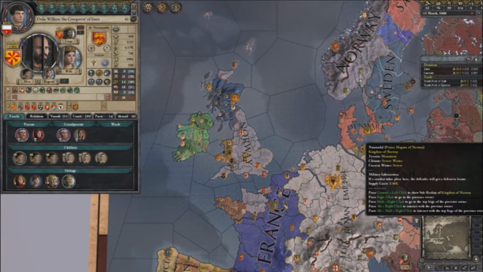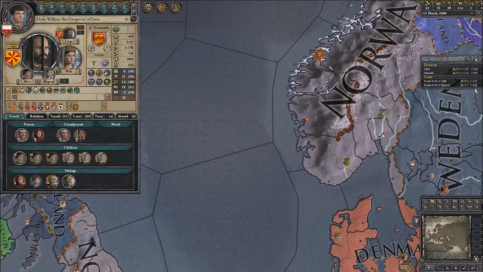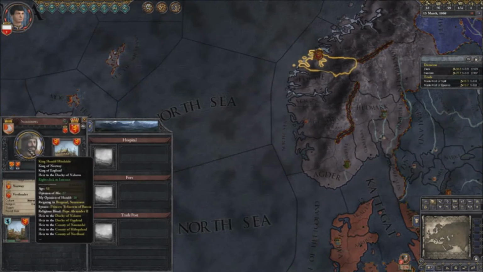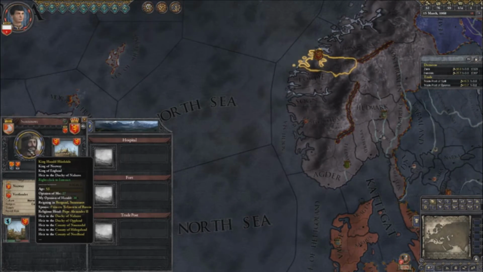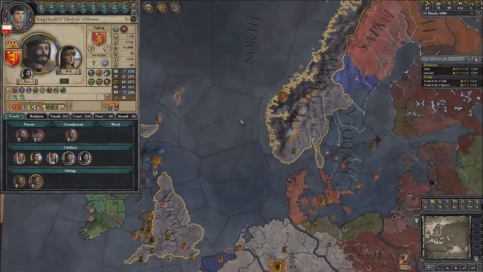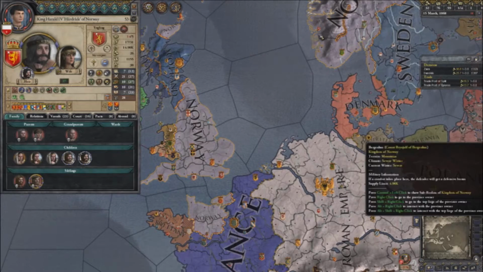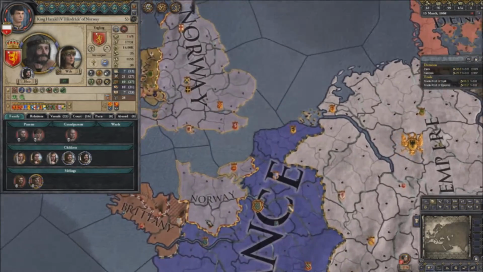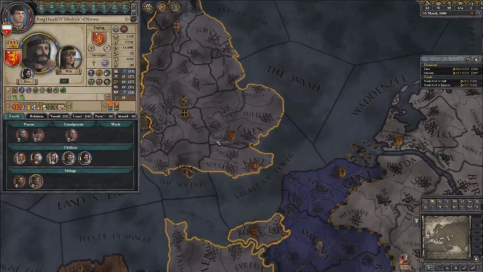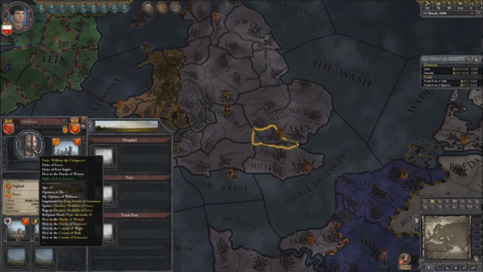Then the Norwegian King Harald then defeated William the Conqueror and himself became King of England. Though Norway now rules both England and the Duchy of Normandy. Very interesting, that.